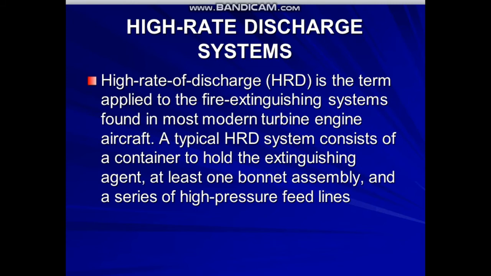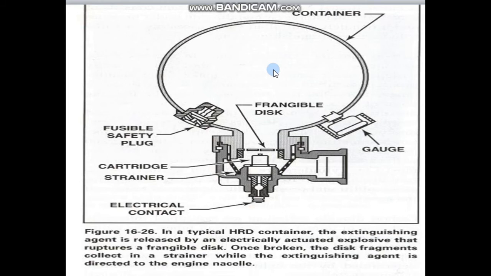The typical high rate discharge system consists of a container to hold the extinguishing agent, at least one component assembly, and a series of high pressure feed lines. As we see here, this is the container of the high rate discharge, and here the component assembly.